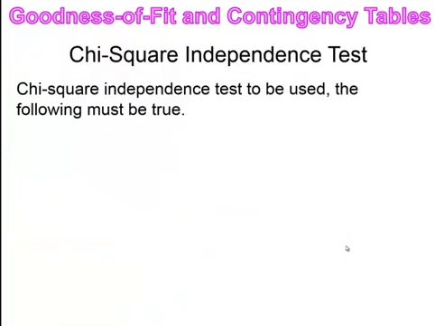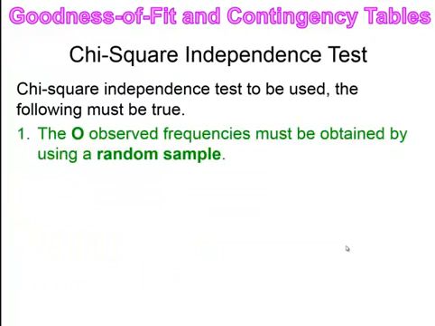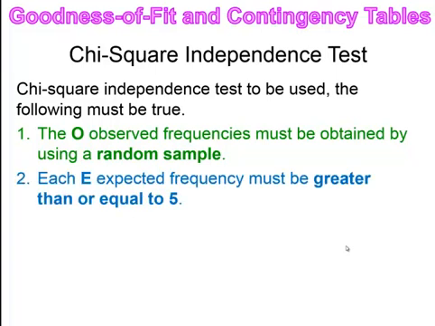So the chi-square independence test has to have the following: the observed frequency must be obtained by a random sample, and the expected frequencies must be greater than or equal to 5.